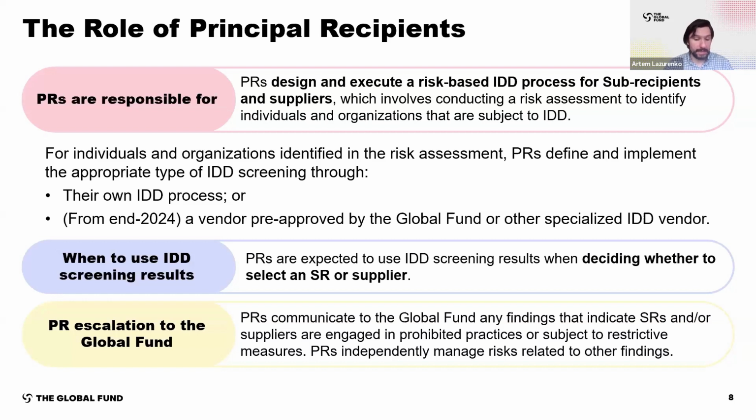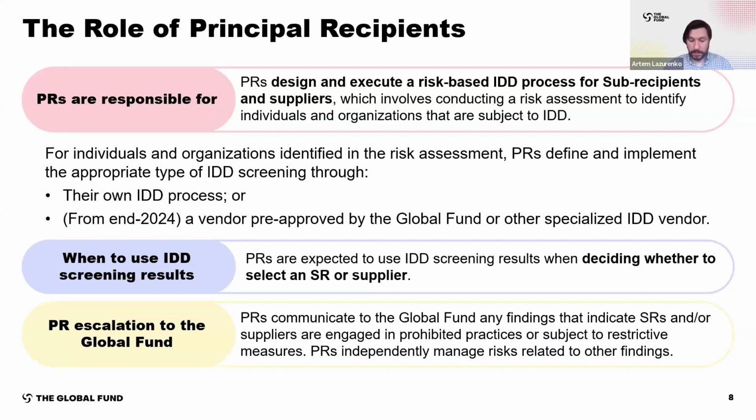Now, in the highly unusual case that there is an outright breach of prohibited practices or of restrictive measures, of course, PRs need to communicate this finding to the Global Fund and describe exactly what kind of information has been found with regard to which counterparty. These kinds of findings need to be escalated on the basis of already existing disclosure obligations, which you have in the codes of conduct.